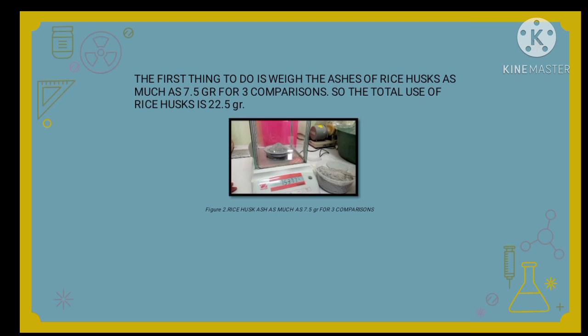Okay, next, the first thing to do is weigh the ash of rice husk as much as 7.5 gram for 3 compositions, so the total use of rice husk ash is 22.5 gram. See figure 2, rice husk ash as much as 7.5 gram for the composition.